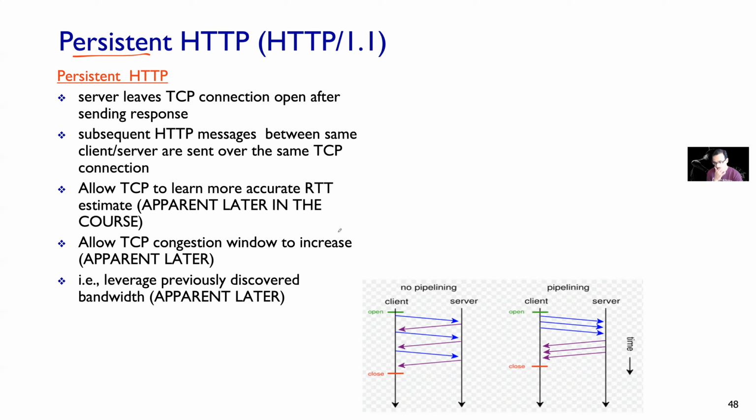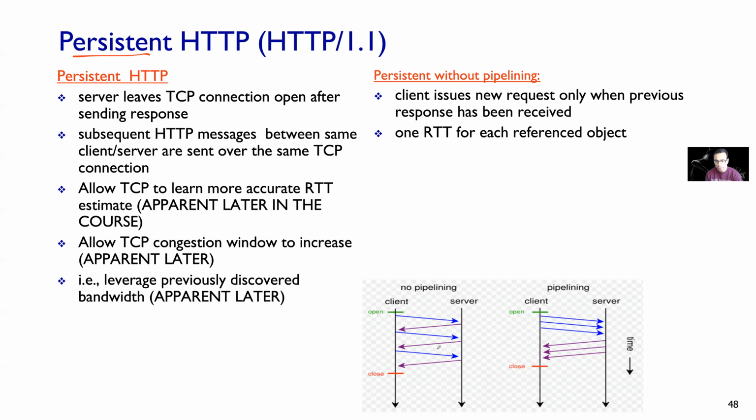And once you're done, you can close the TCP connection, right? Again, there are two ways you could do this. The one shown on the left is where you open the connection, but then you're still sending the requests sequentially, right? You send the first request, you get the first response, then you send the second request, you get the second response, third request, third response, and so on.